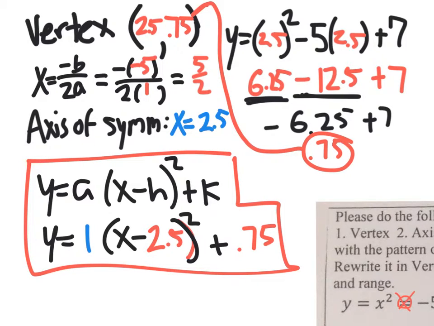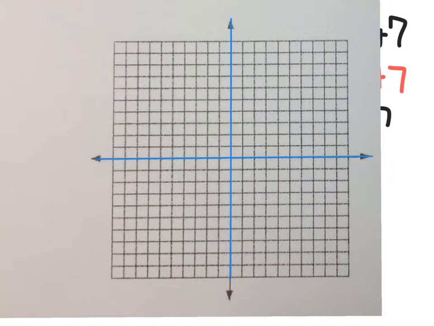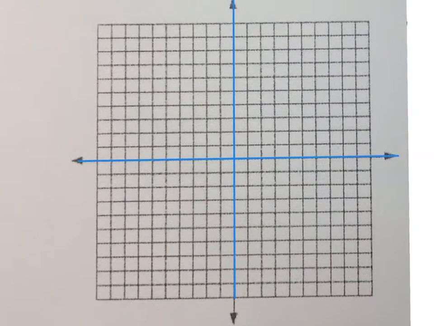And now let's actually graph the vertex 2.5 and 0.75. So going to the graph, you're going to go 1, 2.5, and then 0.75 up. It's going to be 3/4 of the way up. Let's put a dot right there.